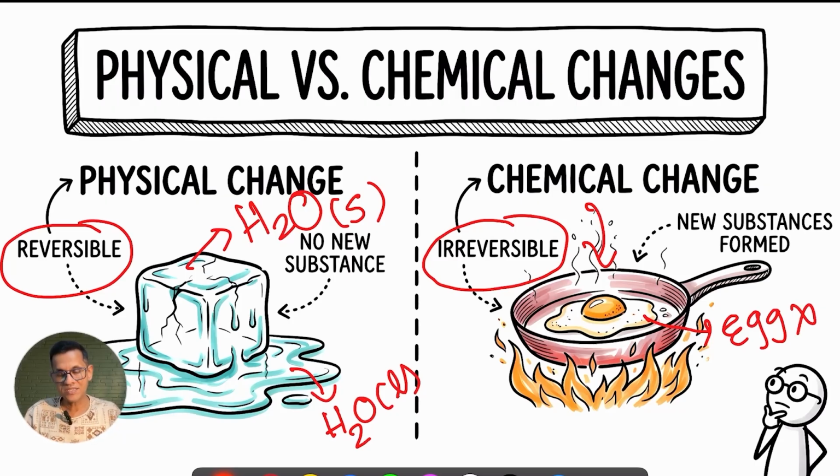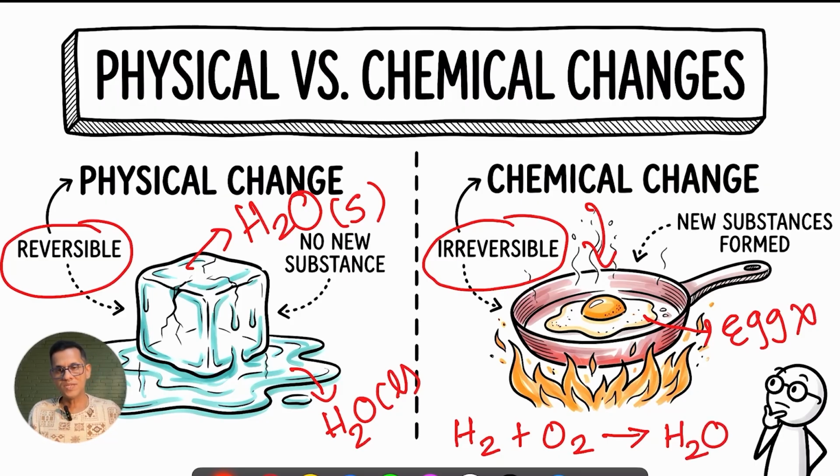Whenever a substance undergoes chemical change, we get a new substance with completely new properties. For example, how is water formed? Water is formed by the reaction between hydrogen and oxygen. When they combine, we get water.